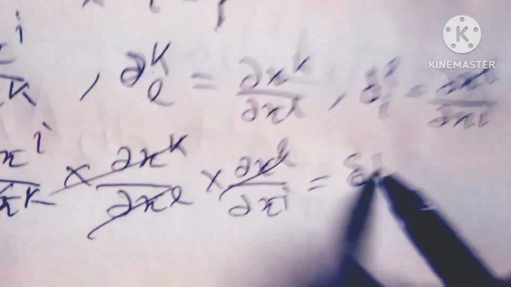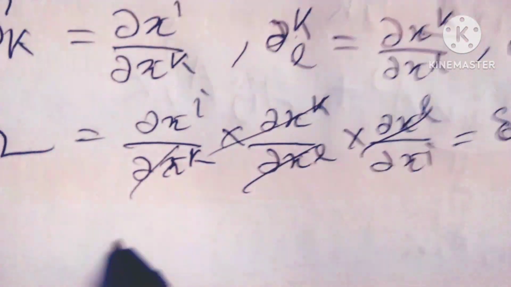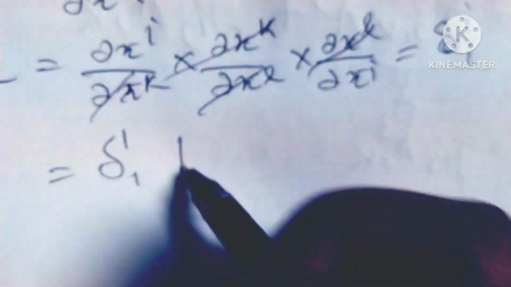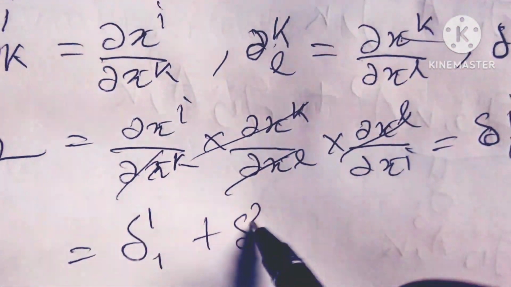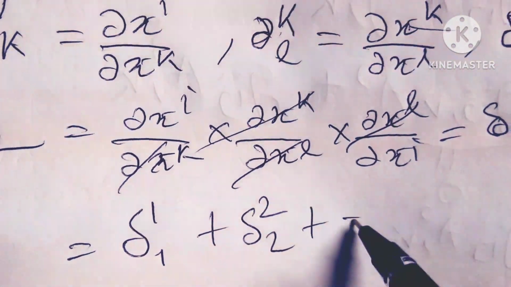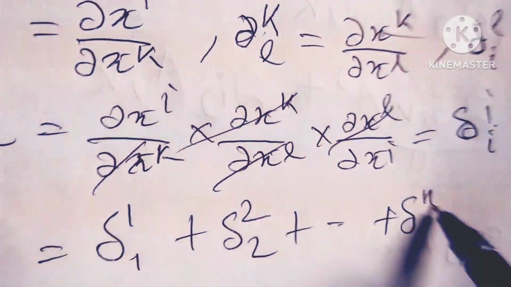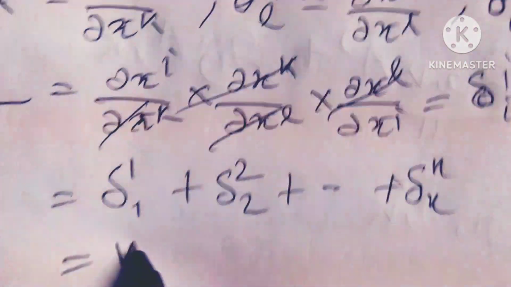So thus the value is δ_ii, and δ_ii is equal to δ_11 plus, because of the Einstein summation convention, up to plus δ_nn, equal to n.